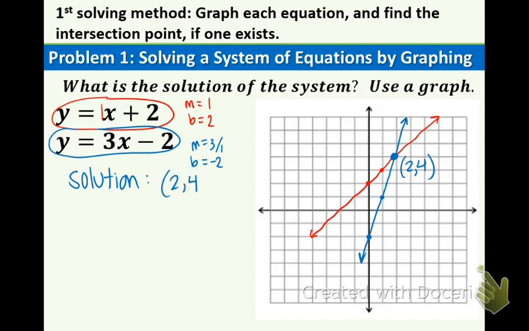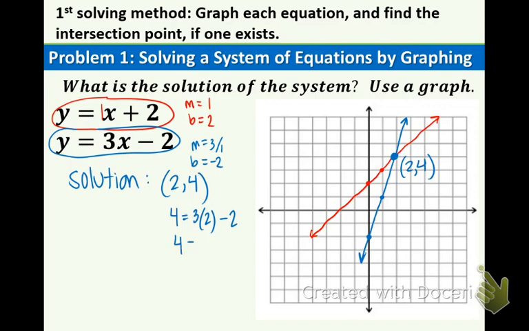I'd like to show you the checking process, and I'd like you to write this down. The way that you check is you plug in 2, 4 for both equations to make sure that they work. So let's do that now. I'm doing the second equation first because I'm using blue right now.